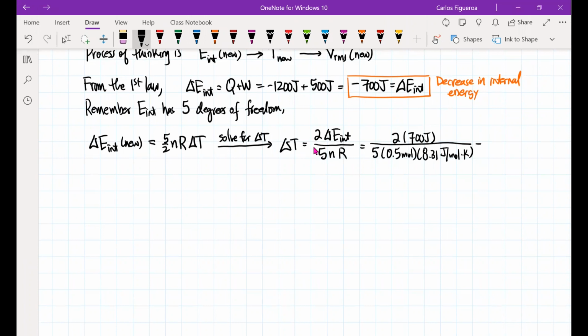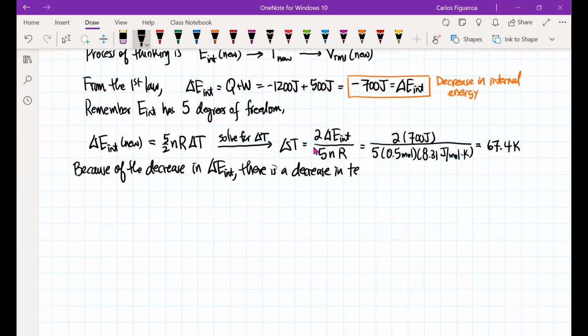So when I compute this, this is 67.4 K. Now, because of the decrease in internal energy, there is a decrease in temperature. So here's where I'm going to put that minus in by hand.